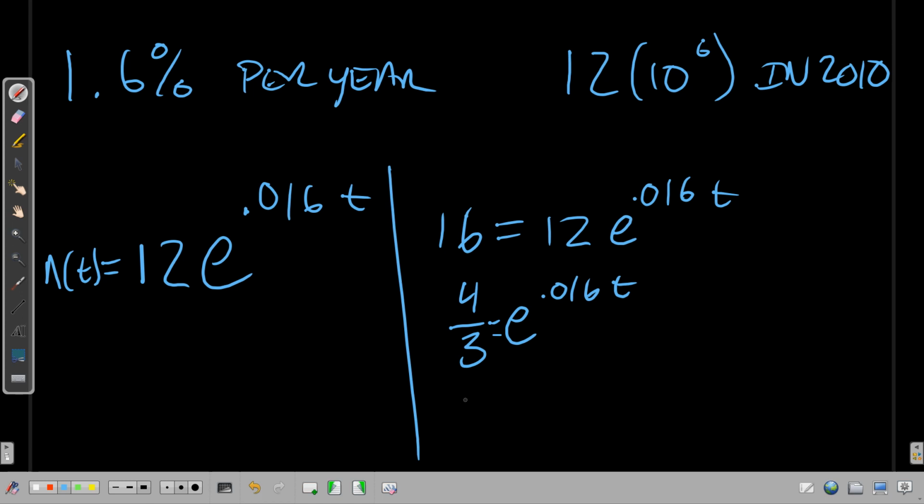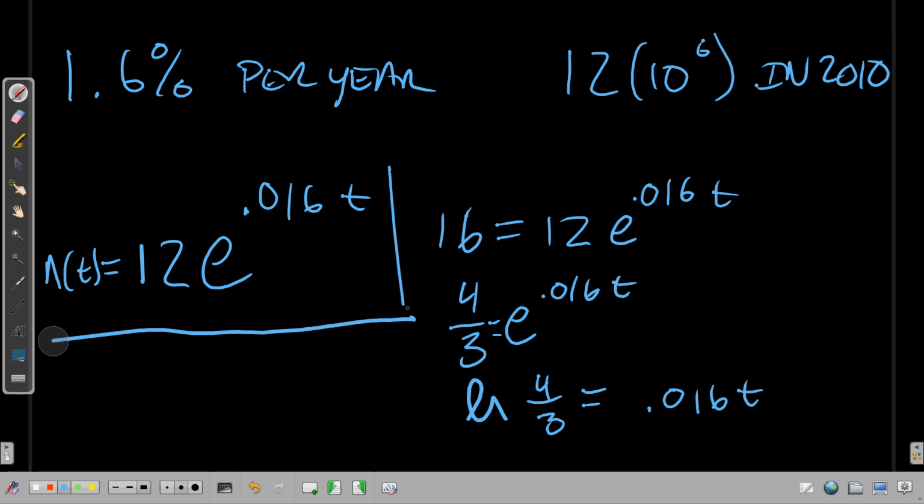And if I take a natural log on both sides, then we'd have that the natural log of 4/3 is equal to 0.016 t. In which case t is equal to the natural log of 4/3 divided by 0.016.